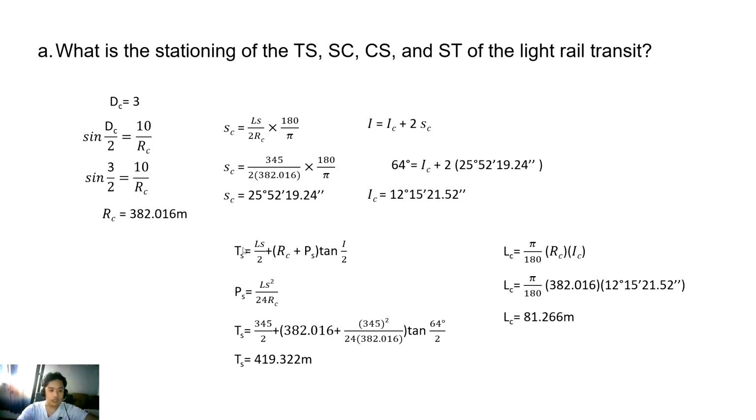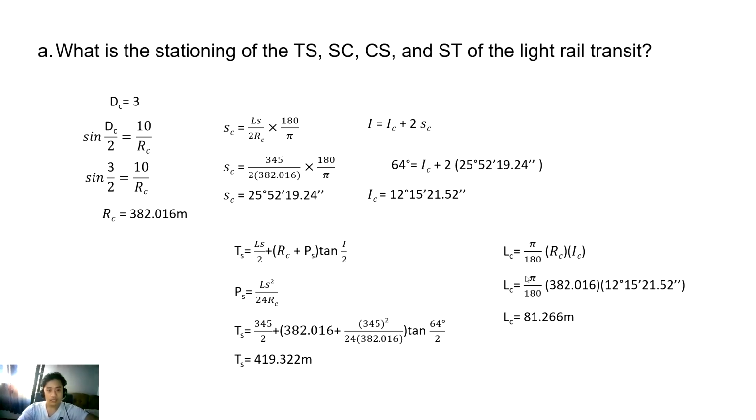Ang TS natin ay LS 345 over 2 plus RC, which is 382.016, plus PS, which is LS squared over 24 RC, 345 squared over 24 RC, which is 382.016, times tangent 64 degree, which is itong I na to, over 2. So, makukuha natin yung TS natin bilang 419.322. Yan na yung tangent distance natin.